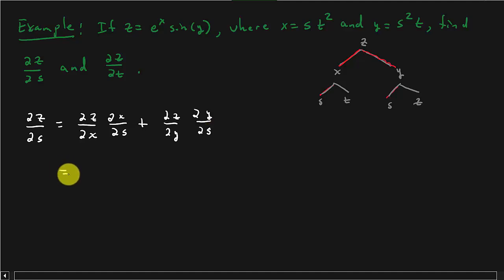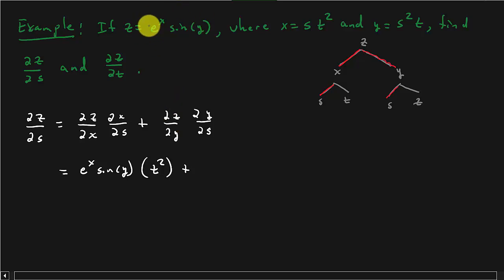And so what do we get? The partial of z with respect to x. We're taking the partial of this with respect to x, so that's just e^x times sine y, times the partial of x with respect to s, which is t squared. Plus, now the partial of z with respect to y.